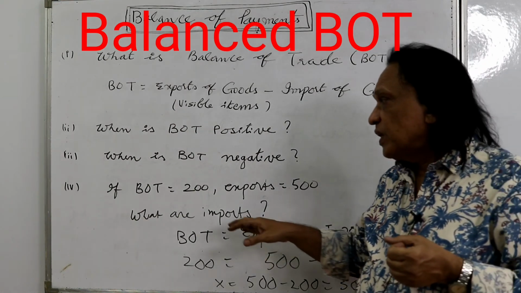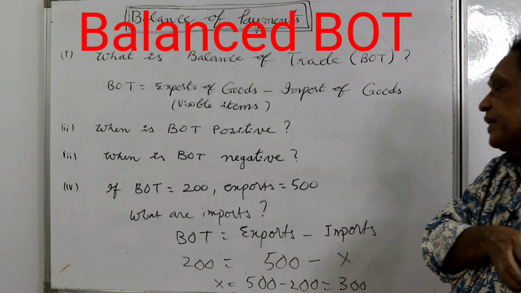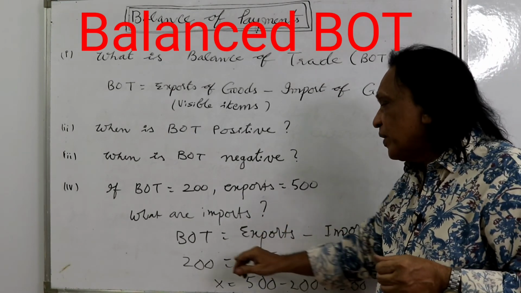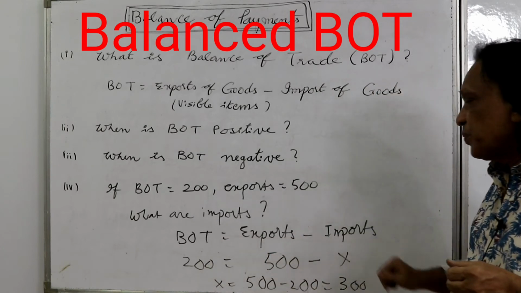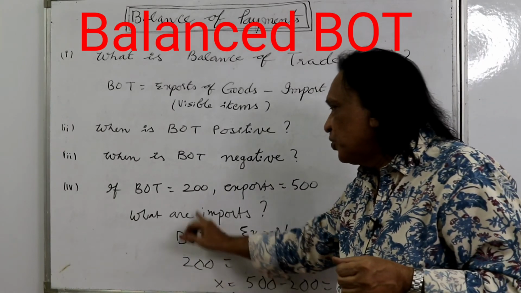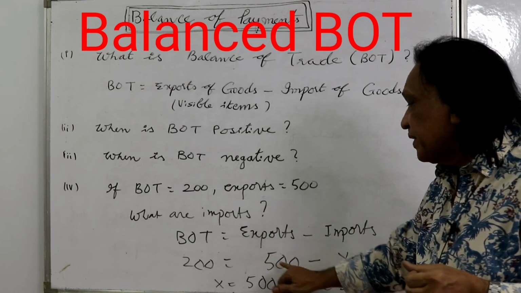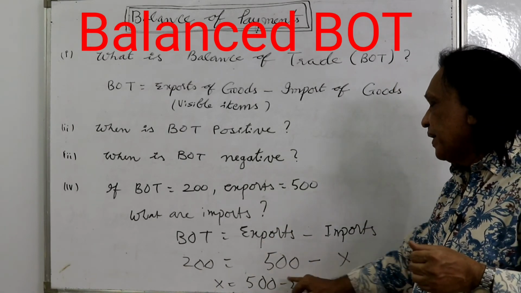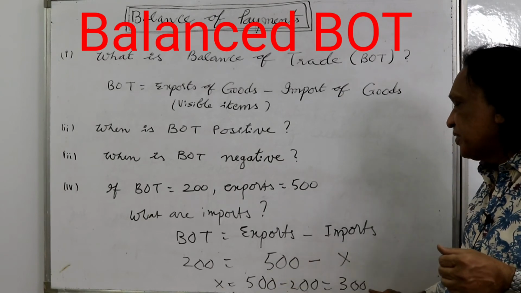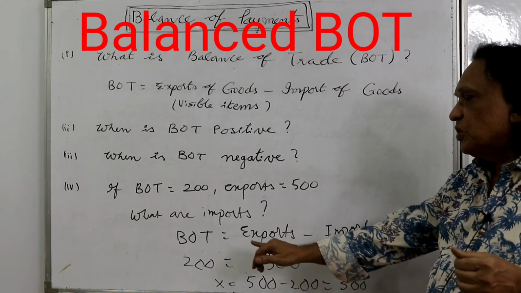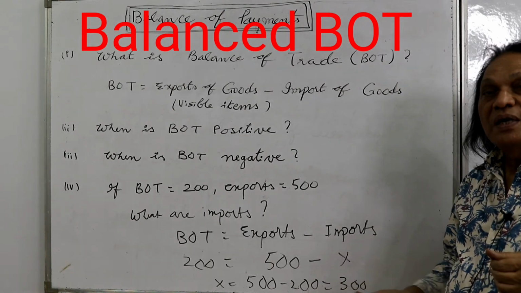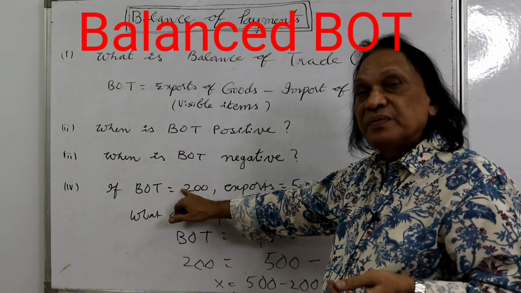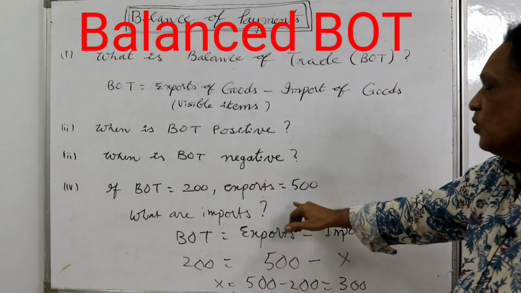Now we take one example here. If BOT is 200 and exports are 500, what are imports? What is the value of imports? So write the formula. BOT is equal to exports minus imports. BOT is 200 and exports we take as 500, the value of M will be 500 minus 200, 300. 500 minus 300 is equal to 200. They can ask you, if BOT is minus 200, exports of 500, what is the value of imports?